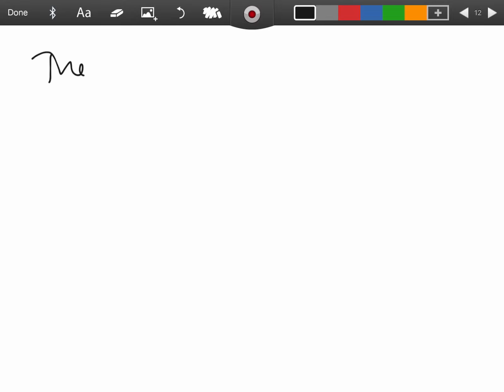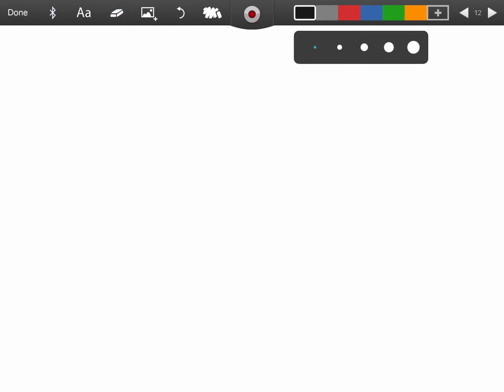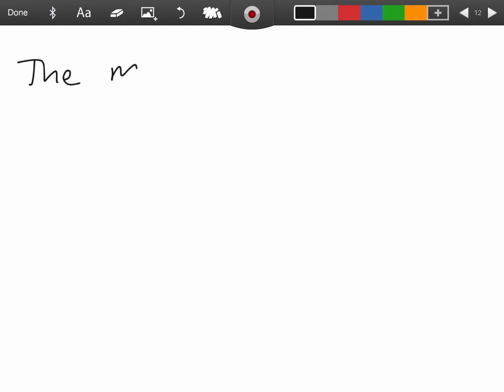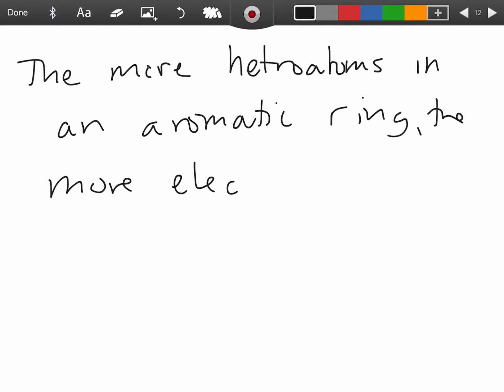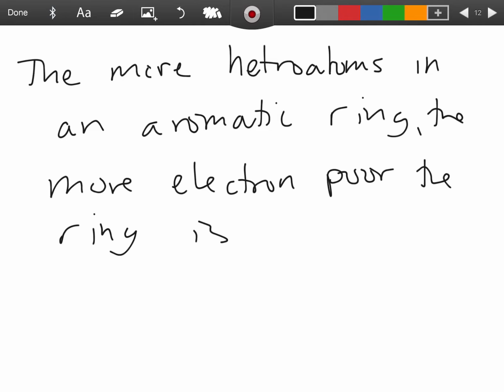The more, not the mole, the more heteroatoms in an aromatic ring, the more electron poor the ring is.